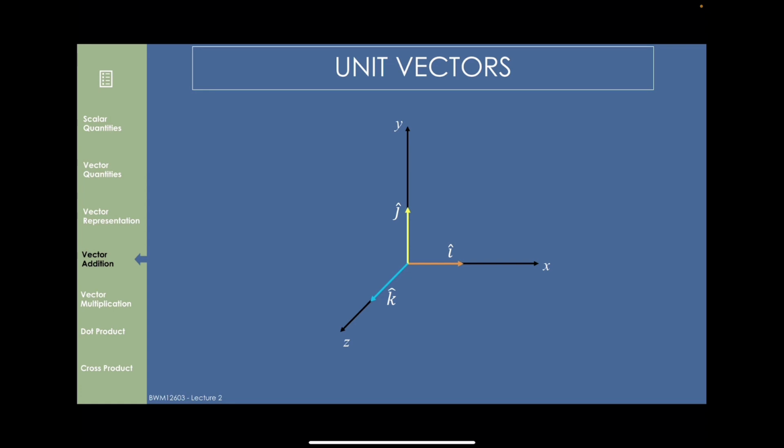These are the standard, well-known unit vectors. So i hat will always represent the direction of x, j hat will always represent the direction of y, and k hat will always represent the direction of z.